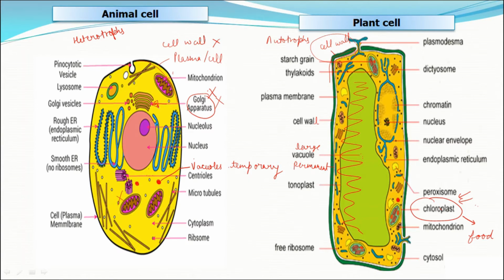So we can say in animal cell, Golgi apparatus is prominent and one in number. But if you observe the plant cell, you will see 1, 2, 3, 4. These are 4 smaller units of Golgi apparatus.